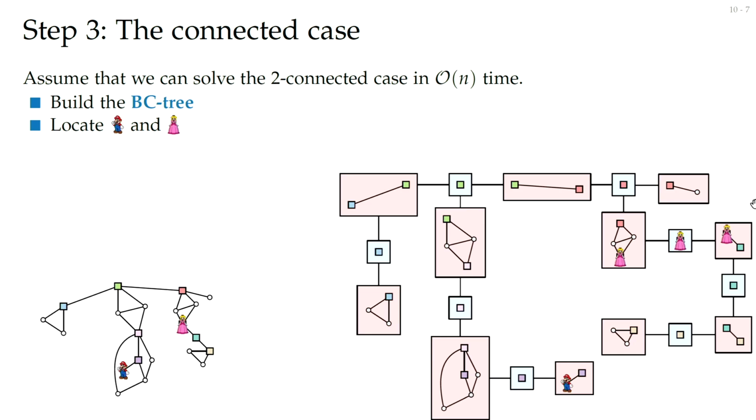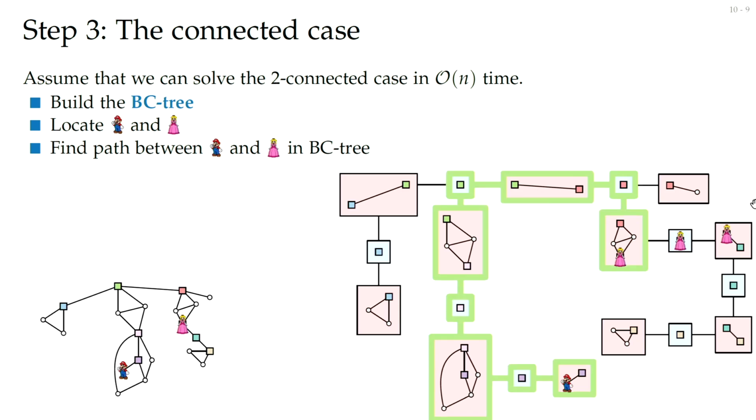We need to find an edge from Mario to Peach. So we want to find a path in the dual. That means that we somehow have to walk through all these components on the way. So we first want to find the path between Mario and Peach in the BC tree. This is, again, not a very technical definition because there's not a path between Mario and Peach, because there are many nodes that have Peach.